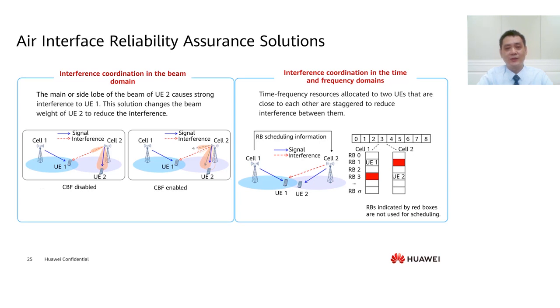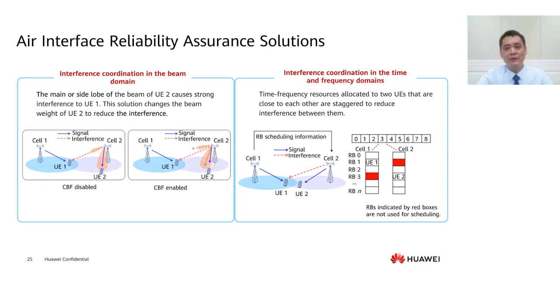When 2 UEs are close to each other, the solution of interference coordination in the time and frequency domains can be used to prevent the same time-frequency domain resources from being used by different UEs, thereby reducing interference between UEs. As shown in the right-handed figure on the slide, UE1 is scheduled in cell 1, and cell 1 forwards the information about RBs allocated to UE1 to cell 2.